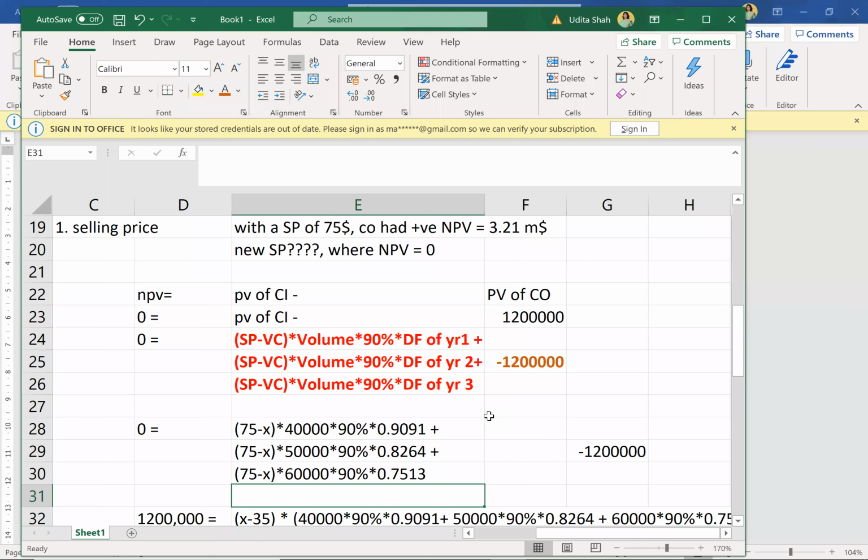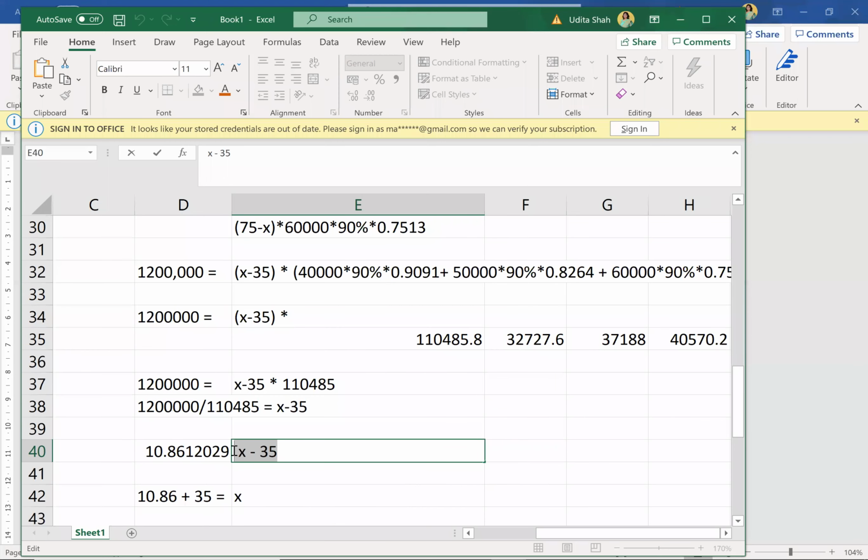So can I say directly till here I can do the same thing? I can directly do it here also. Instead of X minus 35, I should replace this by 75 minus X. You don't need to formulate and solve this again and again. So what is the X?